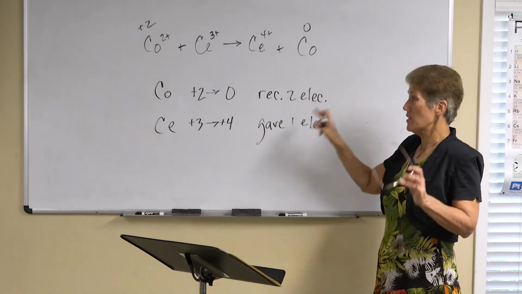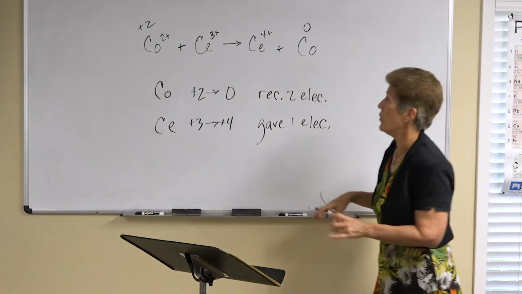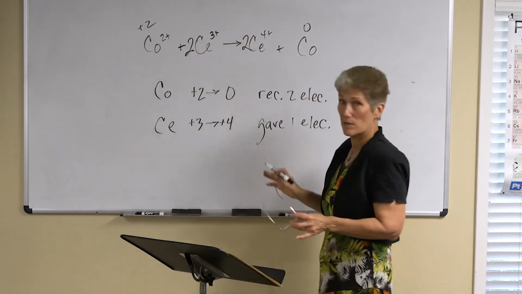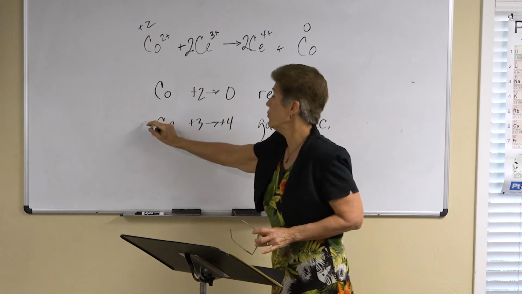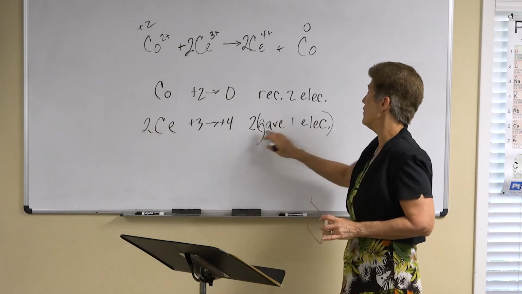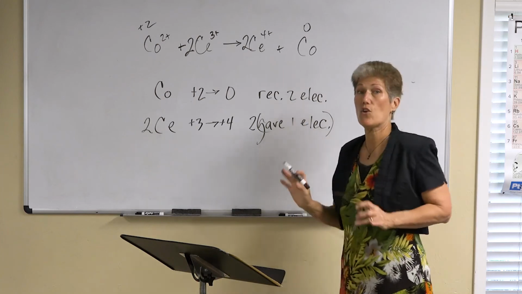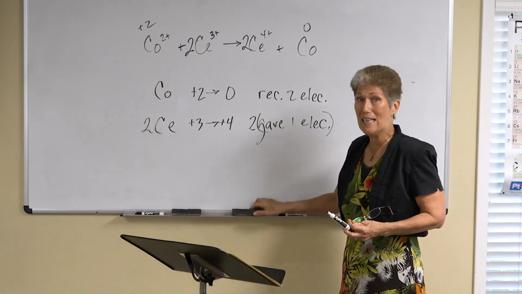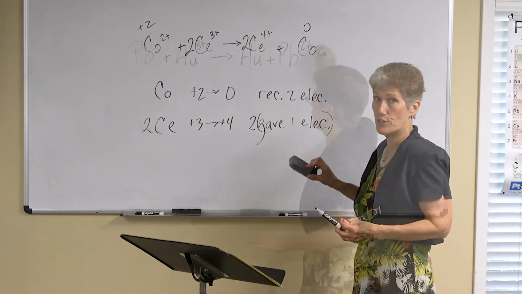Now, if this guy received 2, this guy has to give 2. So I need 2 of these, and I need 2 of these. If I have 2 cesiums, then I have 2 times this, so I'm giving 2 electrons, and that's good because cobalt is receiving 2 electrons. So that takes care of my electron issue, balancing my charges.